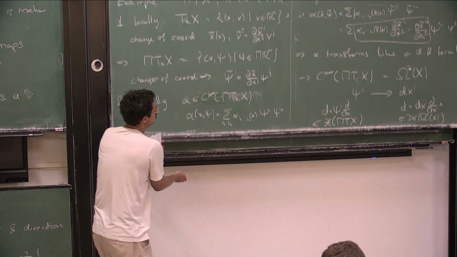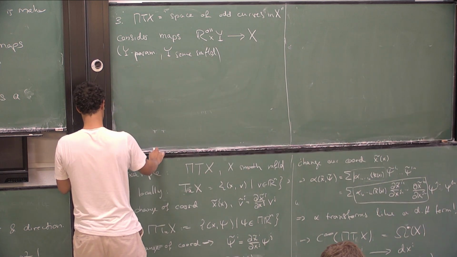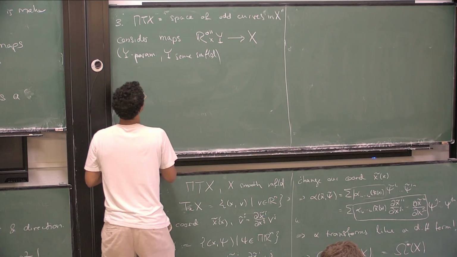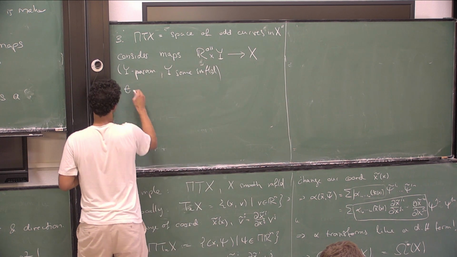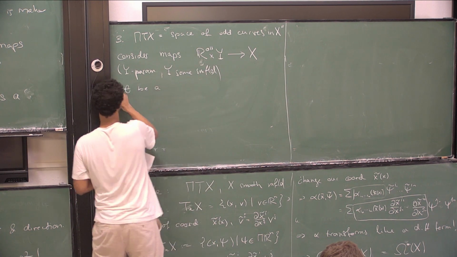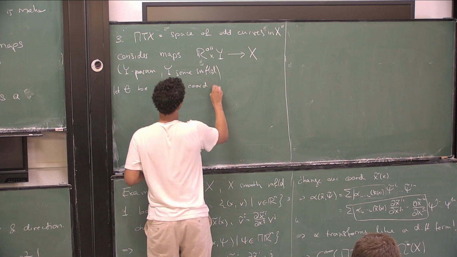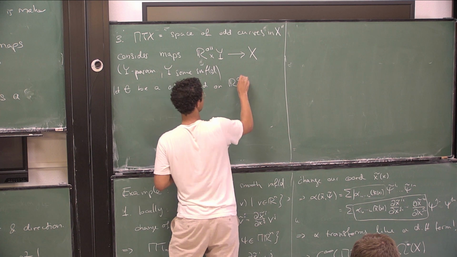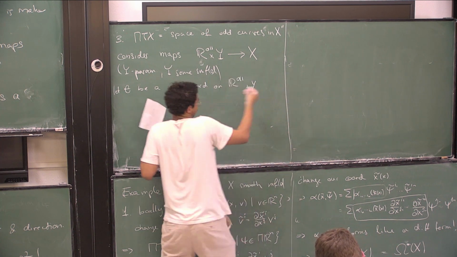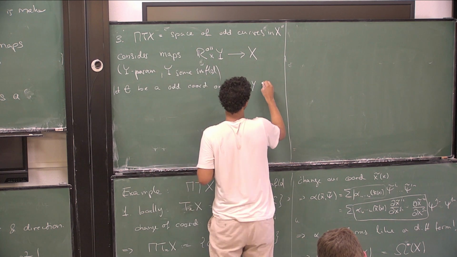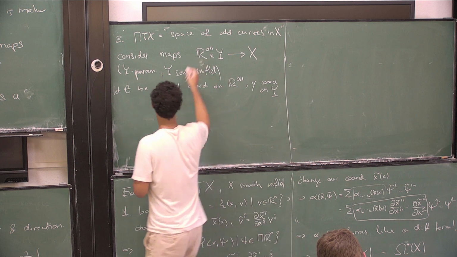Let theta be an odd coordinate on R^{0|1}, and let y be a general coordinate, odd and even together, on Y.